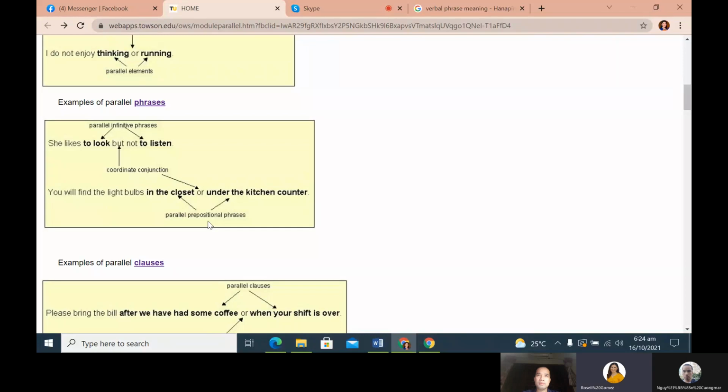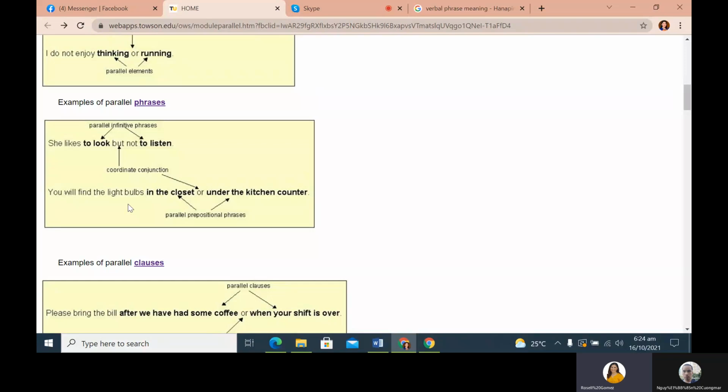Now here we have parallel prepositional phrases. Again, prepositional phrases tell us a direction or a location. Where did you see your wallet? In the closet. Where do you see your mixing bowl? Under the kitchen counter.